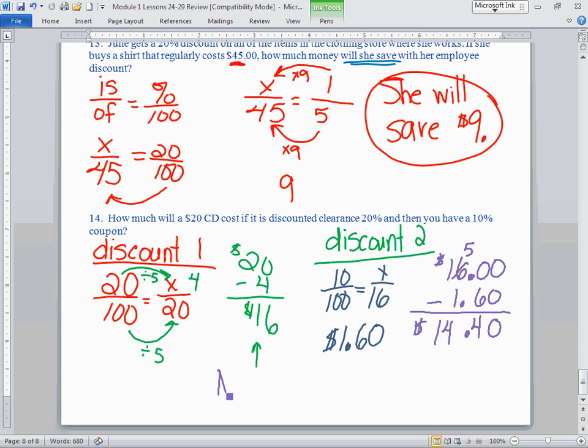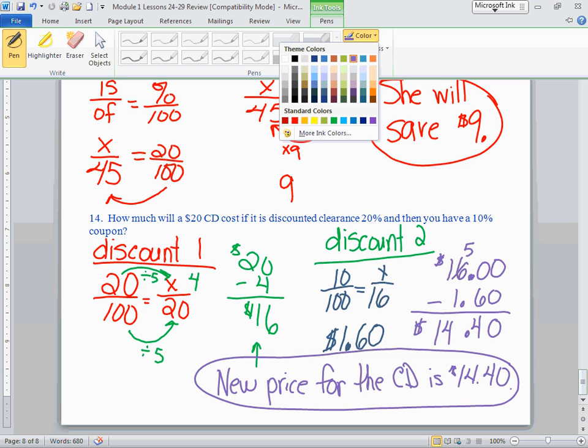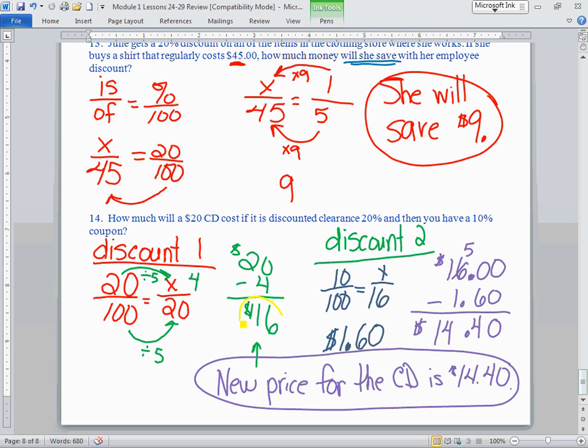So the new price for the CD is $14.40. Remember that when you're taking that second discount, you have to take the second discount off your other sale price. It has to be off of that new sale price.